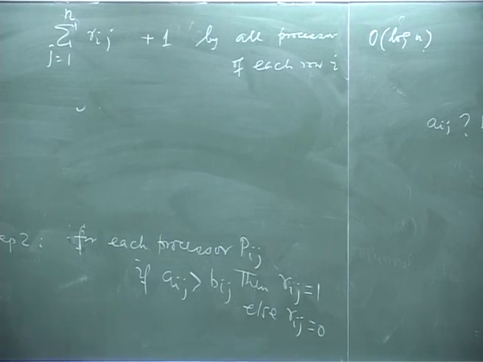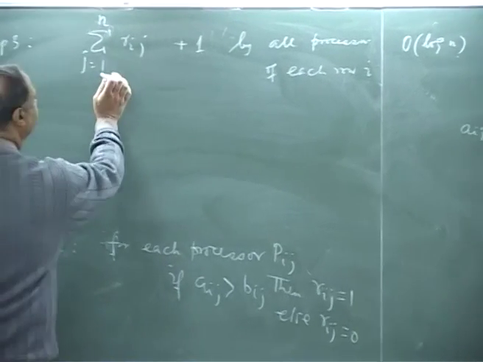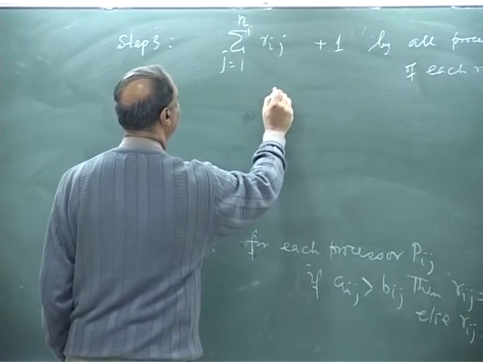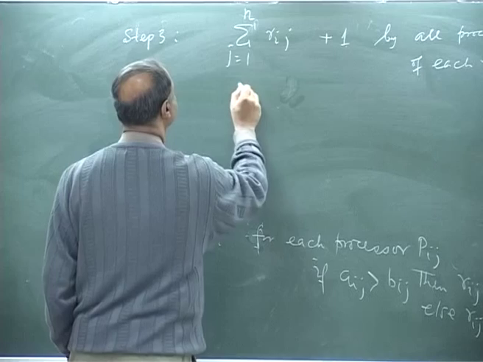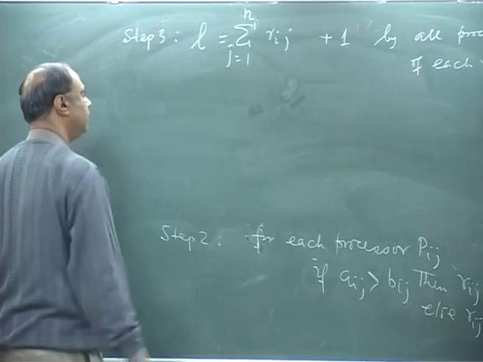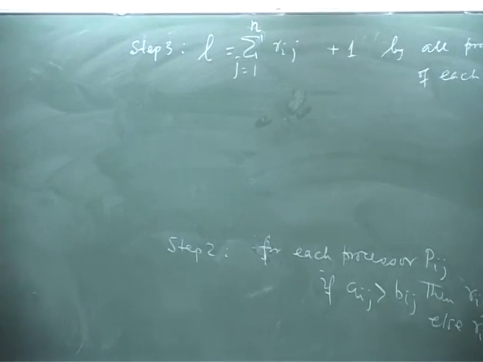So once, let it be, say, let us assume that this is equal to L. This is equal to L. What it means?